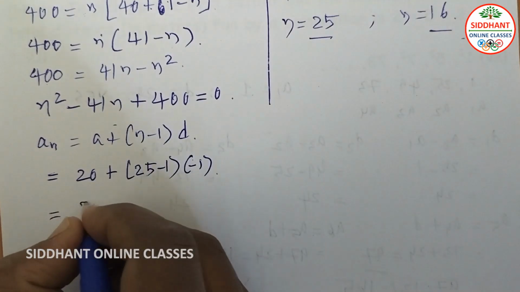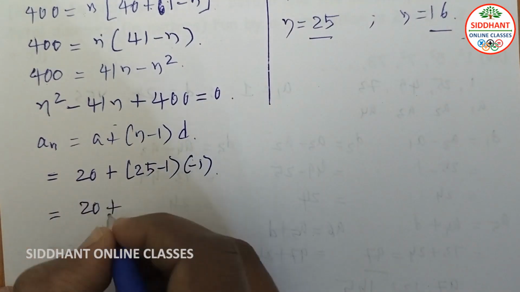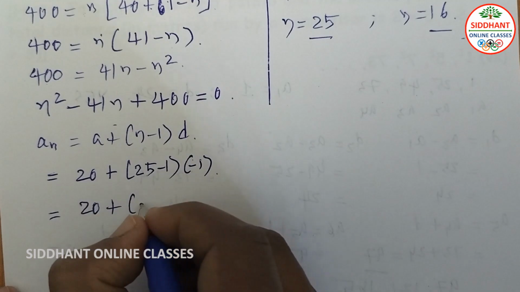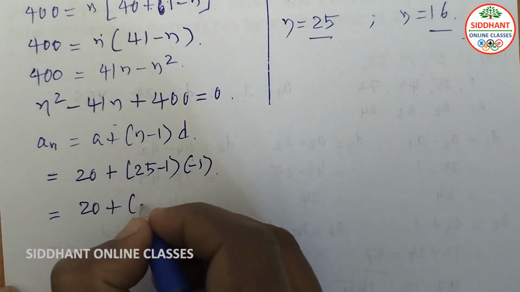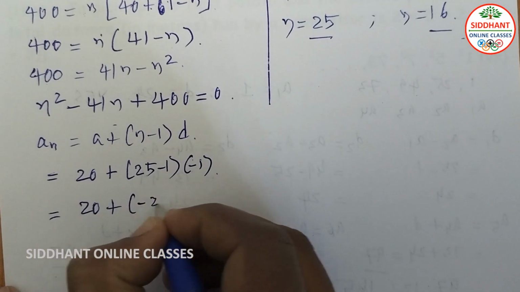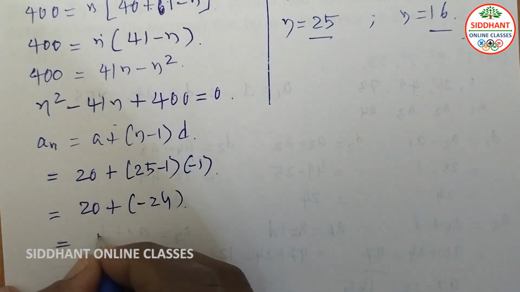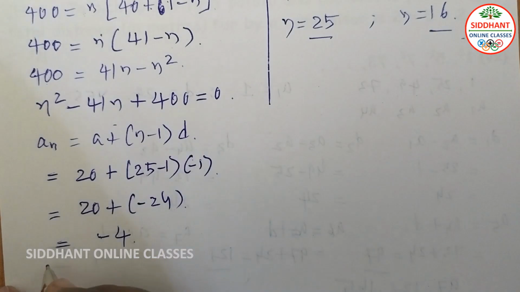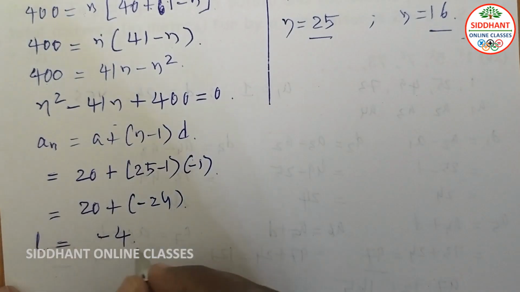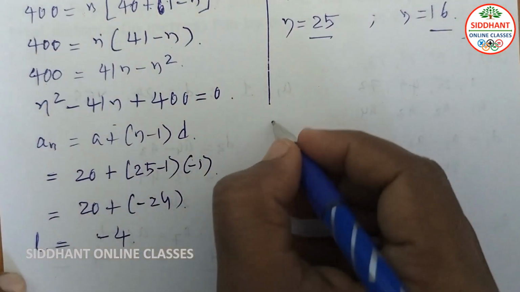So that equal to 20 plus 24 into minus 1, that is minus 24. So 20 minus 24 will be minus 4. So the last row will have minus 4.